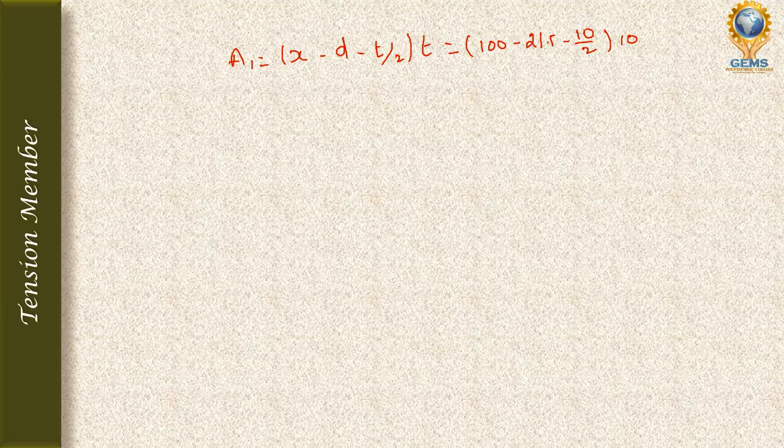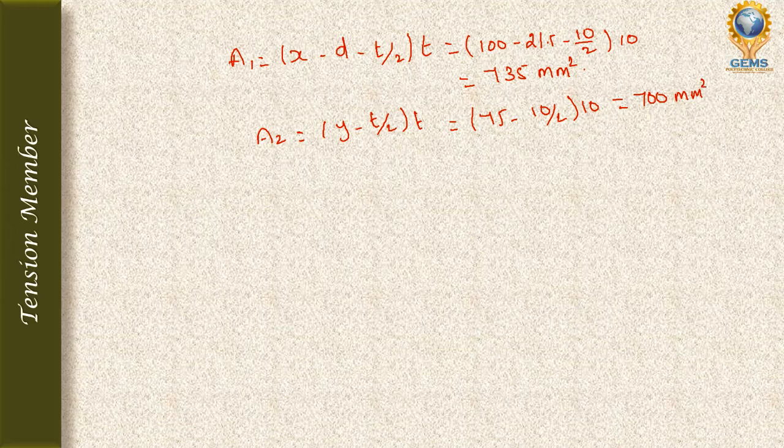If you calculate it, it will come to 735 mm square. So what is the A2? It is y minus t by 2, into t. Here y is the smaller outstanding leg, that is 75 minus 10 by 2, into 10. It will come as 700 mm square.